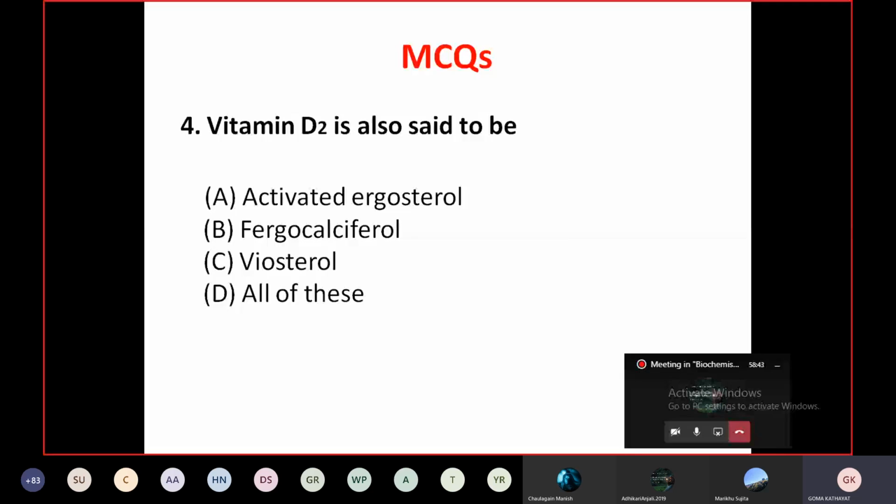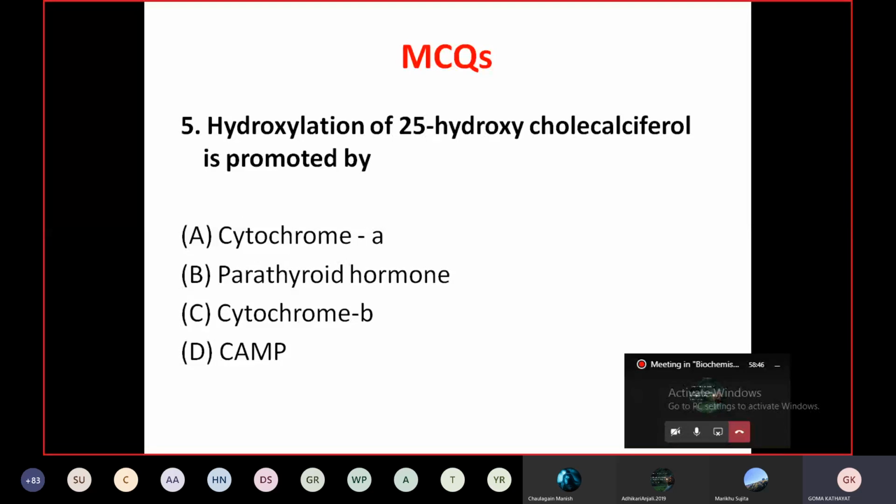Next, hydroxylation of 25 hydroxycholecalciferol is promoted by?